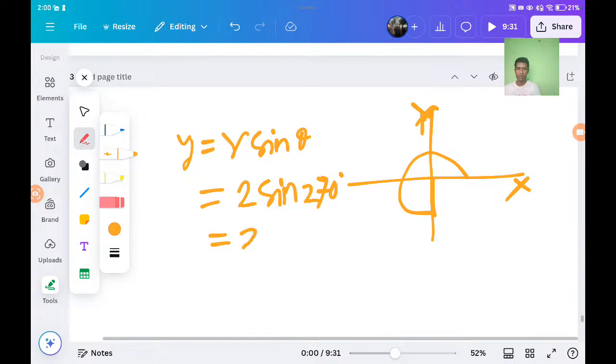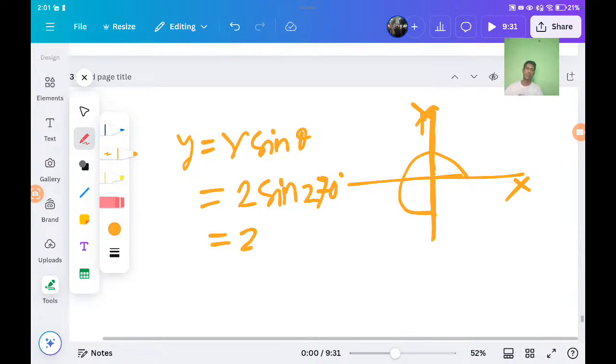Now what will be the sine function here? When sine is positive, this goes to the upper side of the graph, and when sine is negative, this is coming to the negative side.